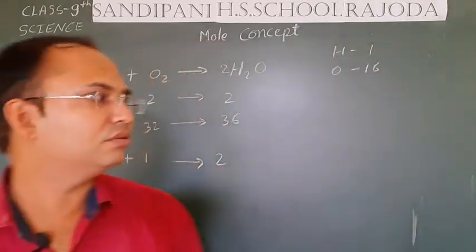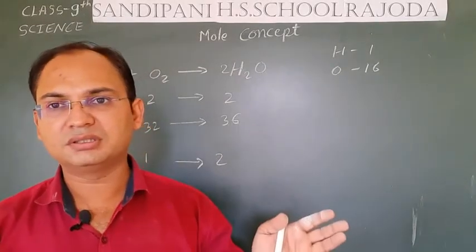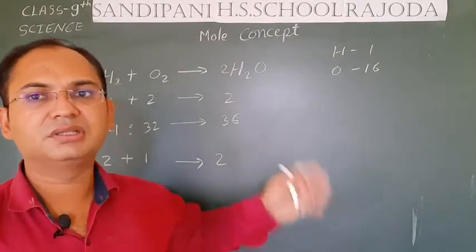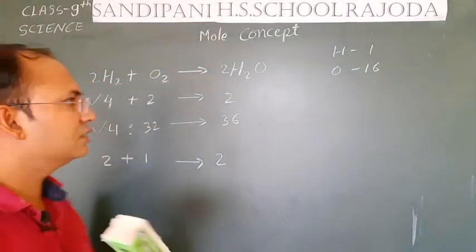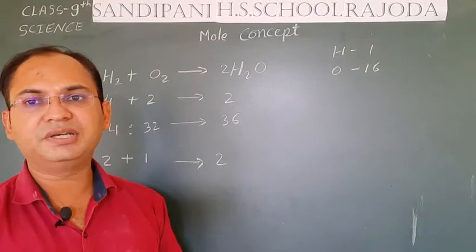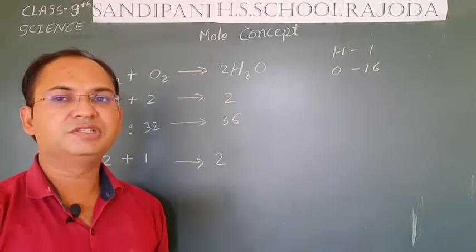So it is difficult to express such a large number for the reactant and product. So just like in our day-to-day life, we express a bunch of numbers by some special names.